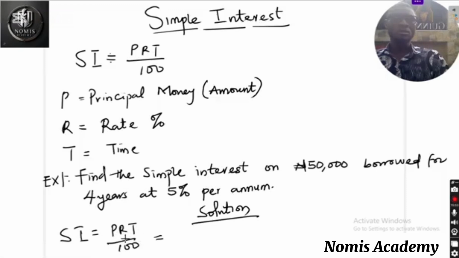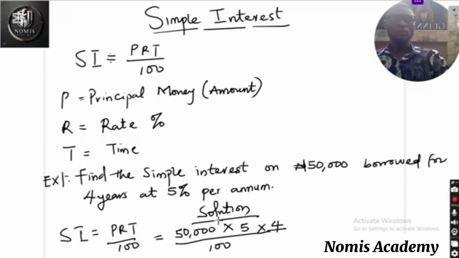P is the principal amount, which is 50,000 naira, multiplied by the rate, which is 5% per annum, so that's 5 over 100, multiplied by the time to return the money, which is 4 years.